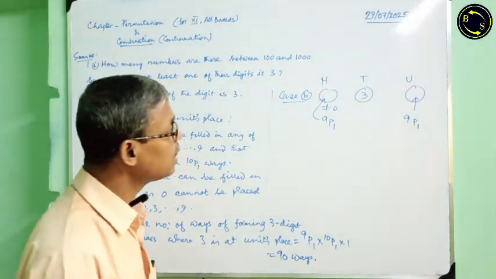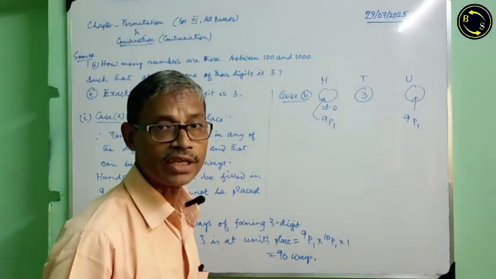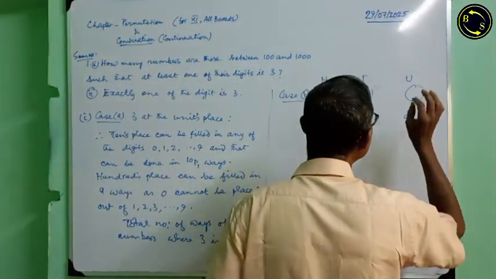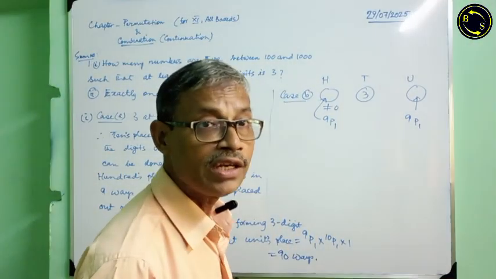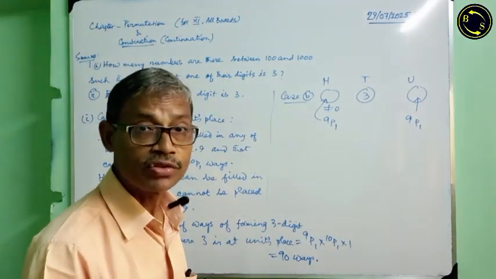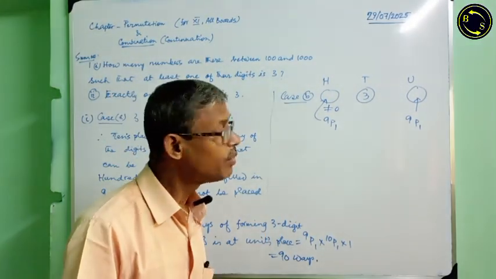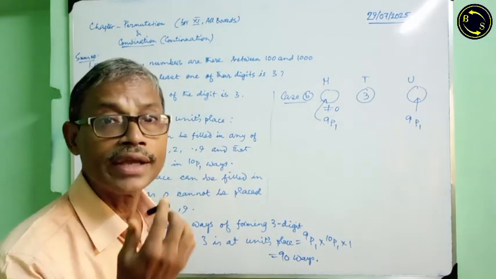Let me repeat. Since 3 is placed at the tens place, therefore units digit can be filled in how many ways? Except 3, that place is filled by other 9 digits.